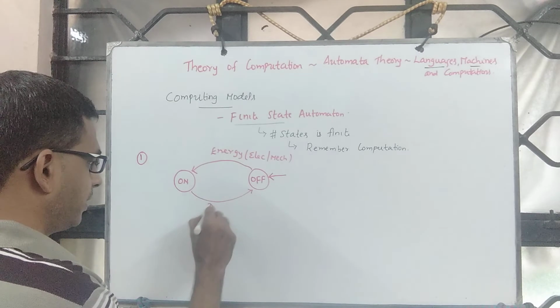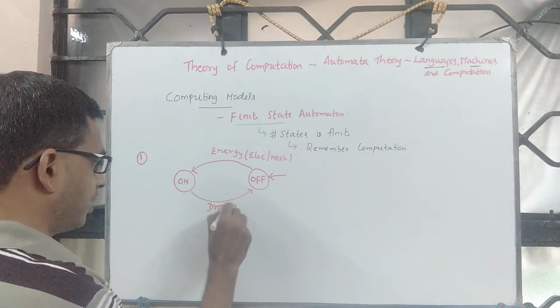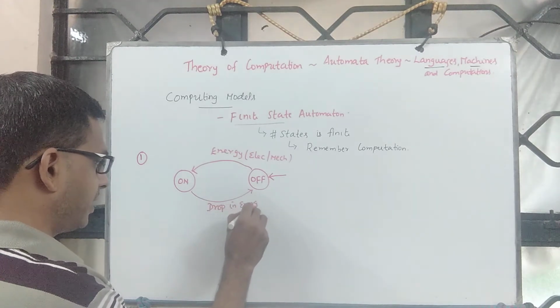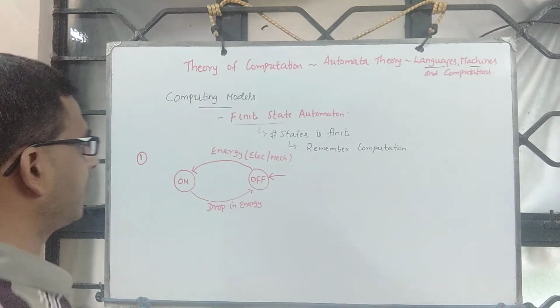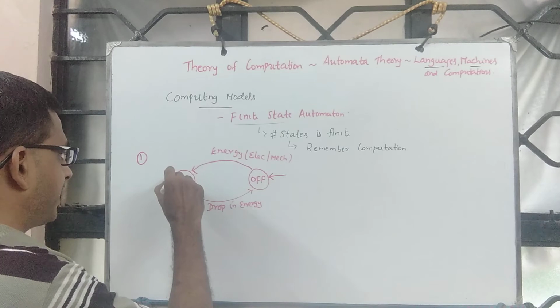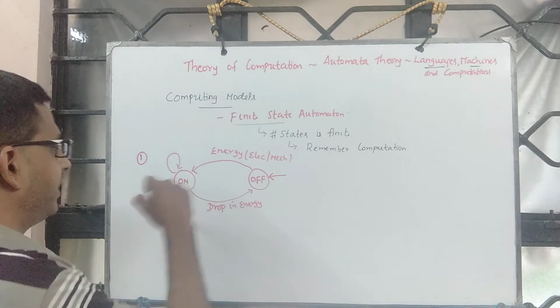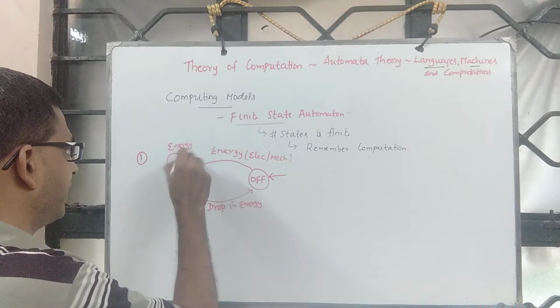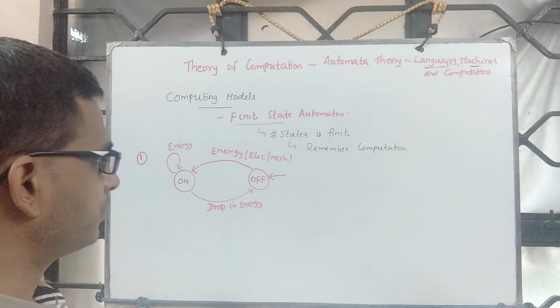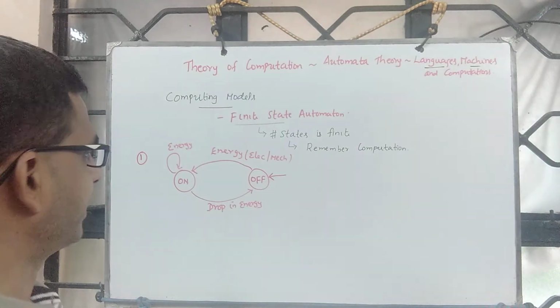You see that drop in energy, or it becomes zero at some point. And when it is in the on state, you continue to supply energy, it stays in the same state. You continue to supply more energy, it continues to stay in the same state.